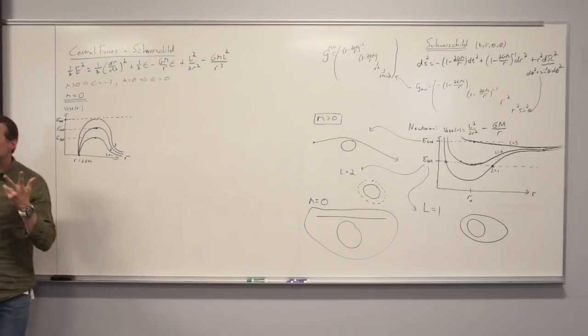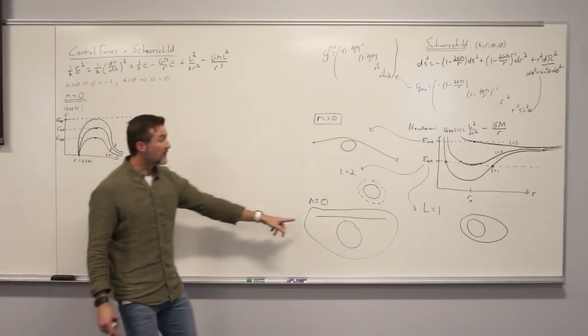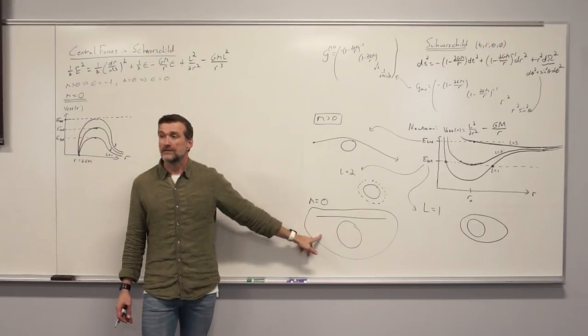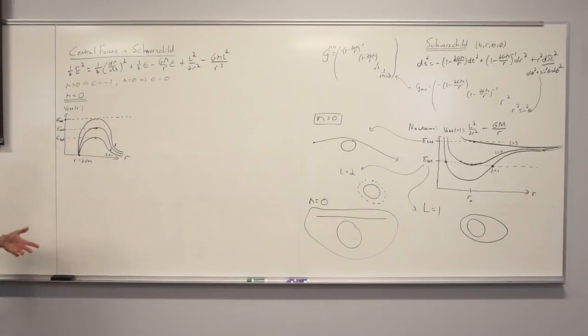So we find two interesting things. First of all, we find that massless particles can undergo circular orbits. That is clearly different than the Newtonian case. Clearly, gravity is affecting massless things. Moreover, the orbits of those massless things are unstable.